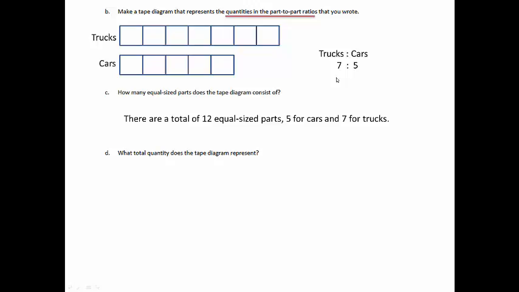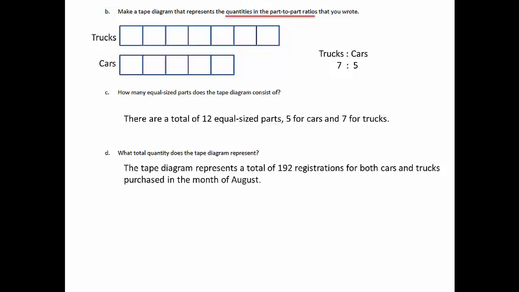Part C asks, how many equal-sized parts does the tape diagram consist of? If we add 7 and 5, there are a total of 12 equal-sized parts, 5 for the cars and 7 for the trucks. That's where we got our total in our part-to-whole ratios in Part A. Part D asks, what total quantity does the tape diagram represent?